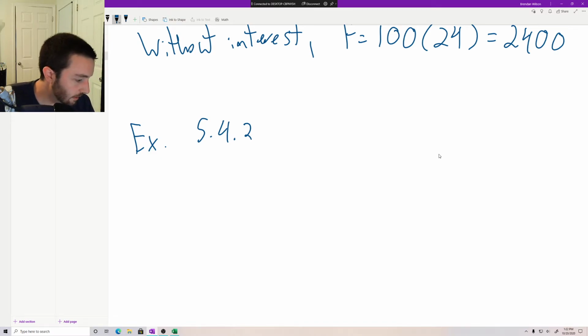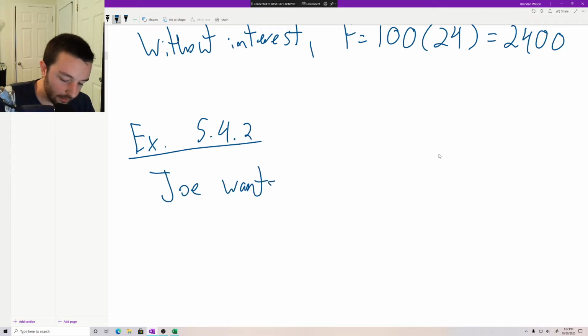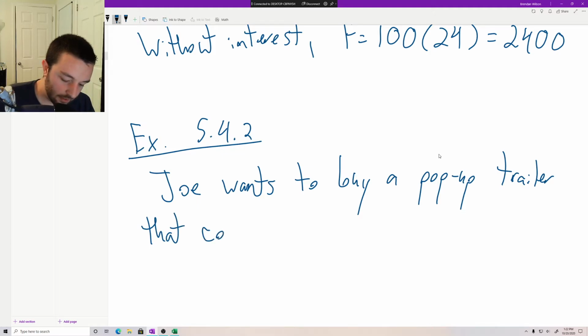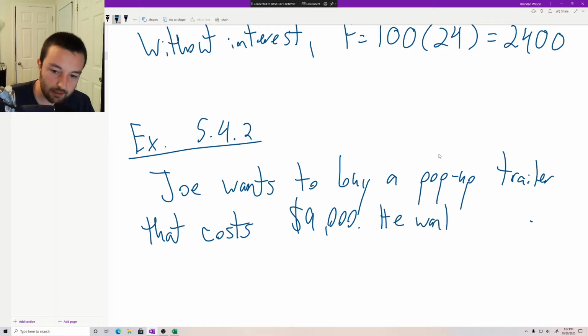Okay, this says Joe wants to buy a pop-up trailer that costs $9K. He wants to pay in cash.